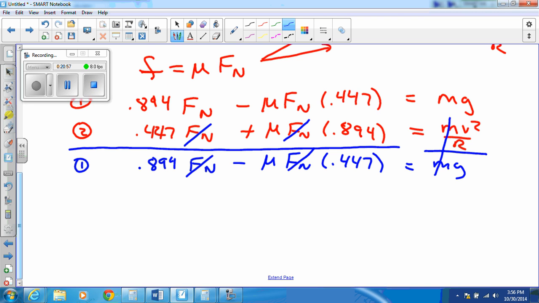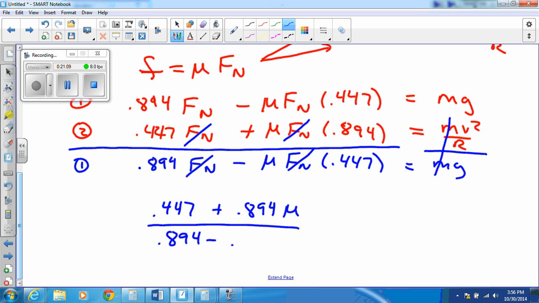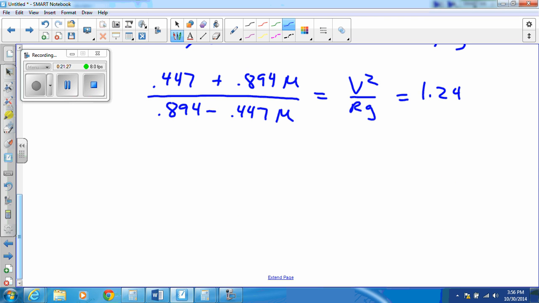But notice also that Fn is a factor of each of these, so that it cancels out as well. And what I am left with, when I divide these two, is this equation right here. All of that is equal to v squared over rg, and v squared over rg, when you plug in the numbers, turns out to be 1.24, assuming that we're using 9.8 for g.